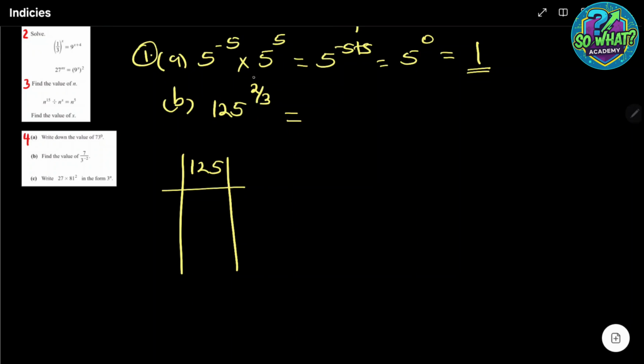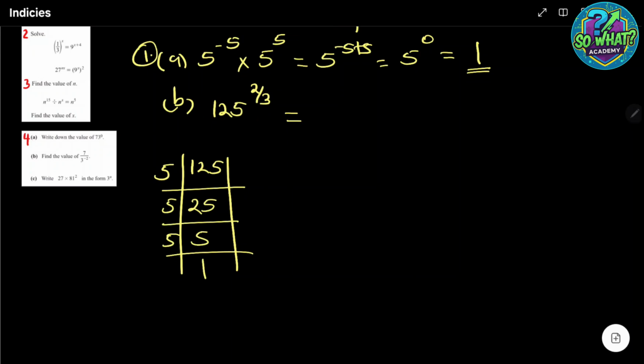But when you look at the power, this power is 2 over 3. What does this tell you? It tells you that you should come up with something whereby there will be a 3 cancelling out at some point. So let's long divide by 5, because I see it is ending with a 5. 125 divided by 5 is 25, 25 divided by 5 is 5, and 5 divided by 5 is 1.